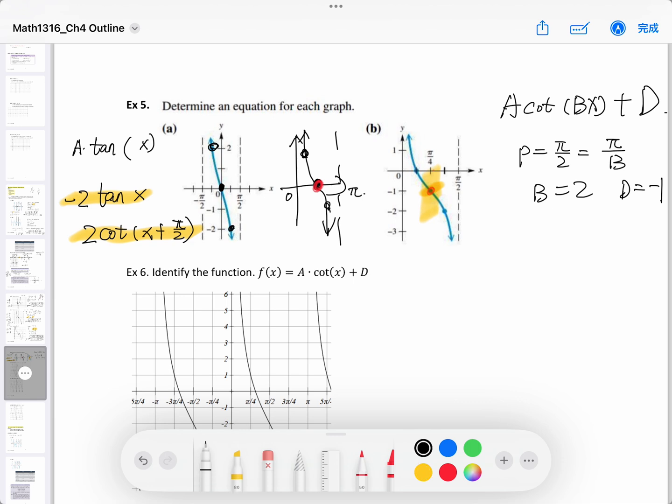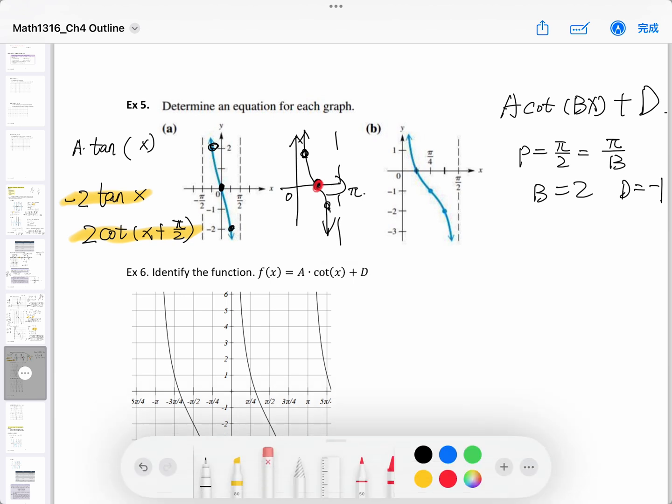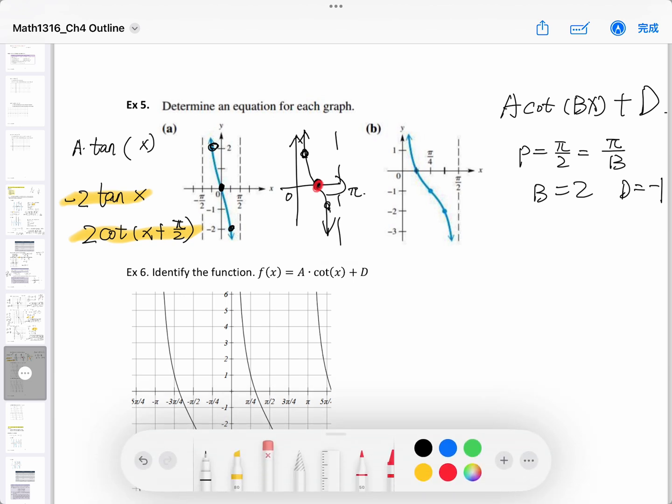I can find the first quarter and third quarter. That means no stretching vertically. And in front, there is also no reflecting. So A is equal to 1. So this function is y equals cotangent 2x minus 1.